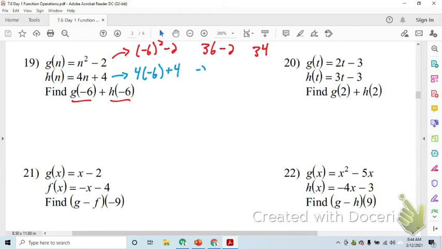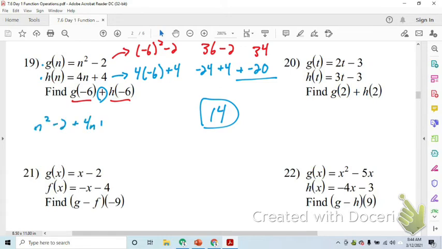Now 4 times negative 6 is negative 24. Negative 24 plus 4 is going to be negative 20. So since we're adding here, add these two. 34 plus negative 20 is going to be a positive 14. That's it. Now, had I done it the other way, which is we take the two functions and you add them and then substitute, you'd have n squared minus 2 plus 4n plus 4.